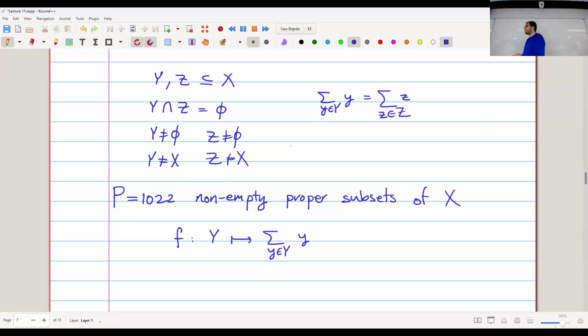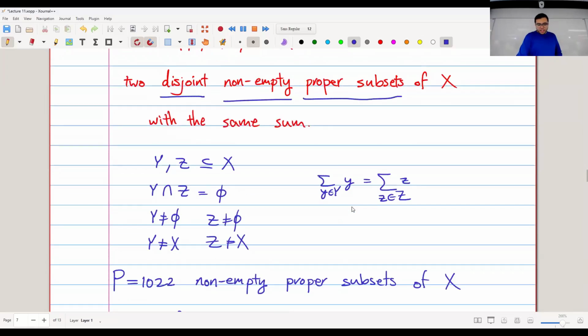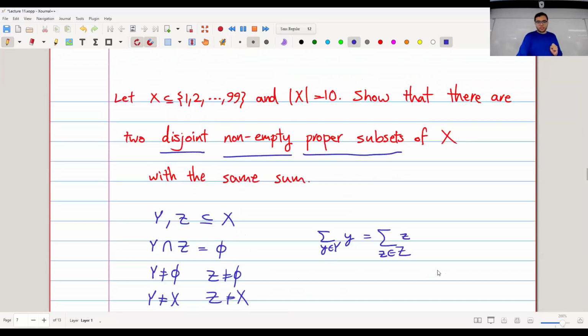Okay. So what would my holes be? My holes are all the possible values that this sum can take. Okay. So basically, I'm saying that if I take a non-empty proper subset of X, what are the values that can serve as the sum of elements?